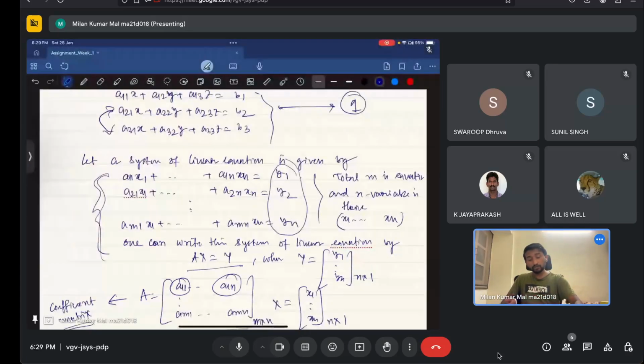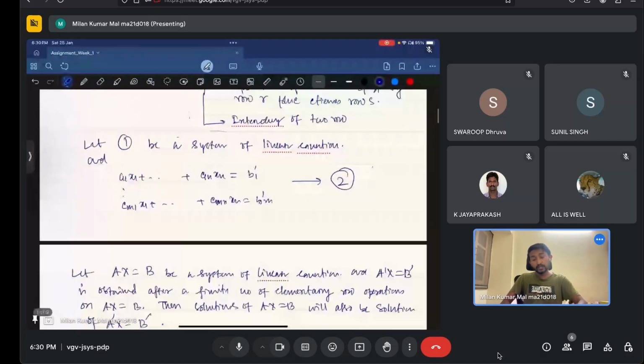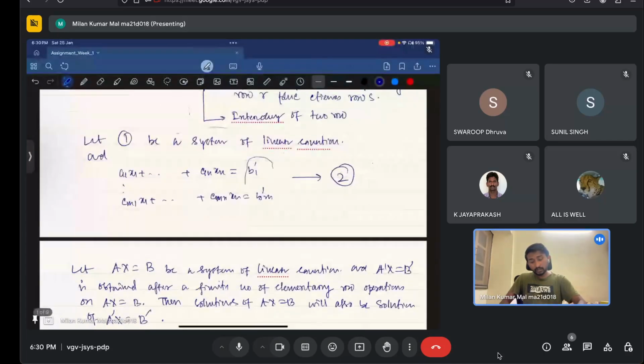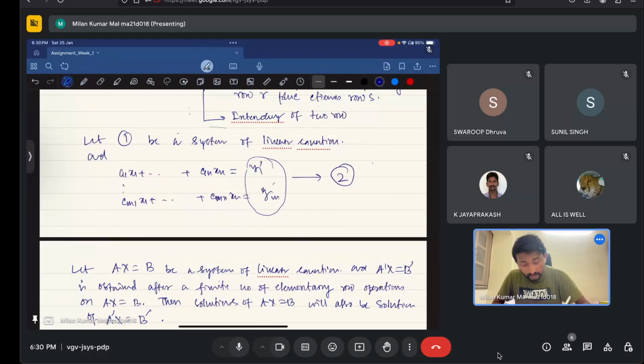Suppose I have two equations where the right hand side is 0. Whatever elementary row operation we do, the right hand side will still be 0. So if y1, y2, ..., yn are 0, then after any elementary row operation, y1', ..., ym' will also be 0.